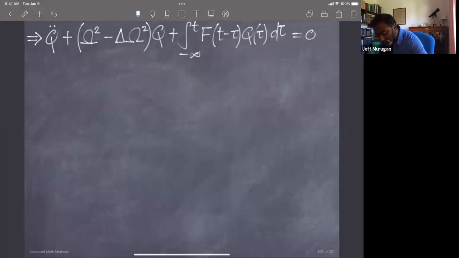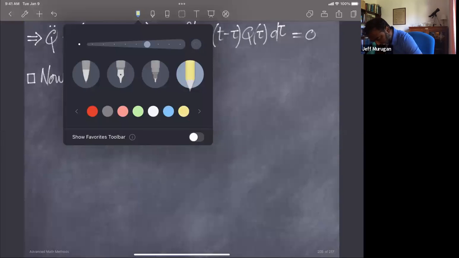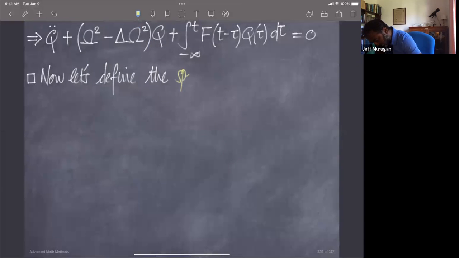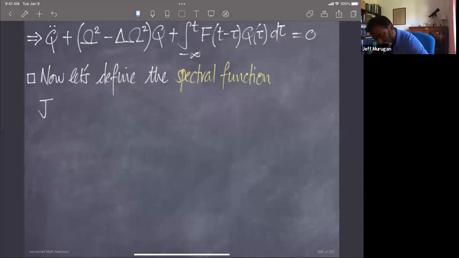So now let's define the spectral function, which I'm going to call J of omega.